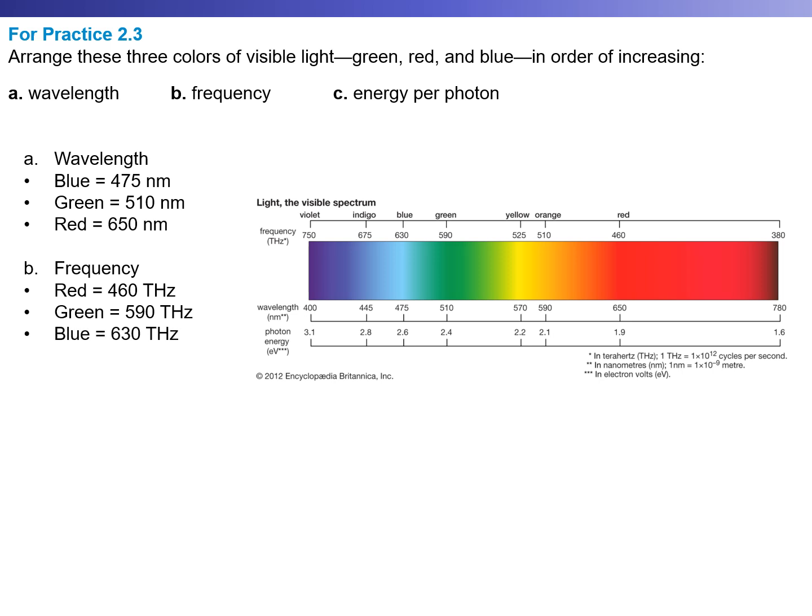And our last value, the energy of the photons down here at the bottom, shouldn't come as a surprise. That is going to basically follow the values for the frequency, and we're going to put the order as red, green, and blue.